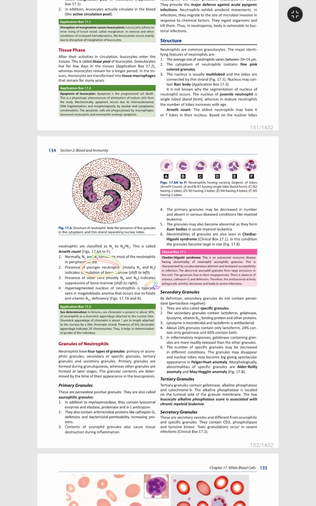Presence of younger neutrophils indicates stimulation of bone marrow, and of older cells, suppression of bone marrow.